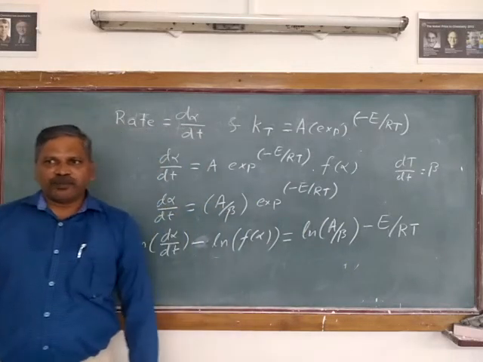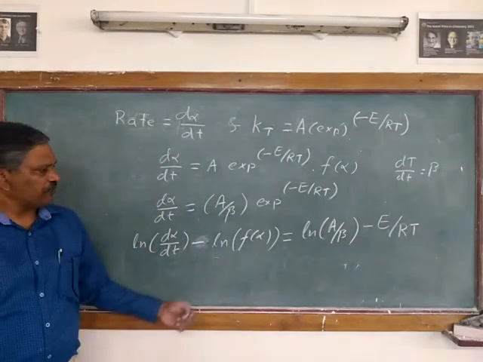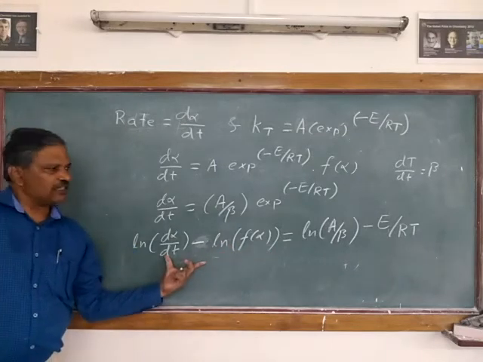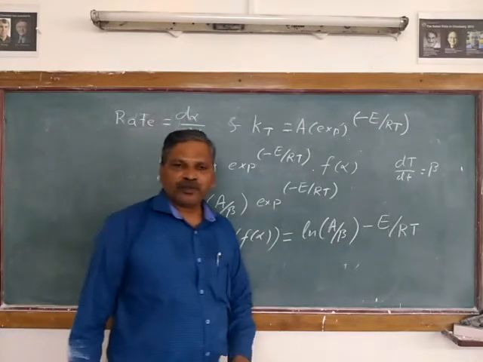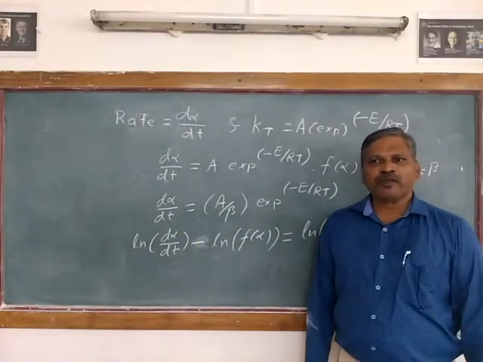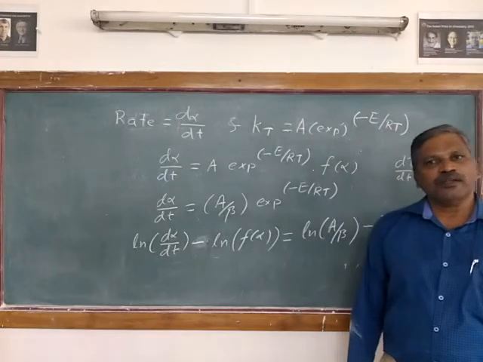By plotting the left side of the equation against 1 by T, the activation energy can be obtained from the slope and A from the intercept.